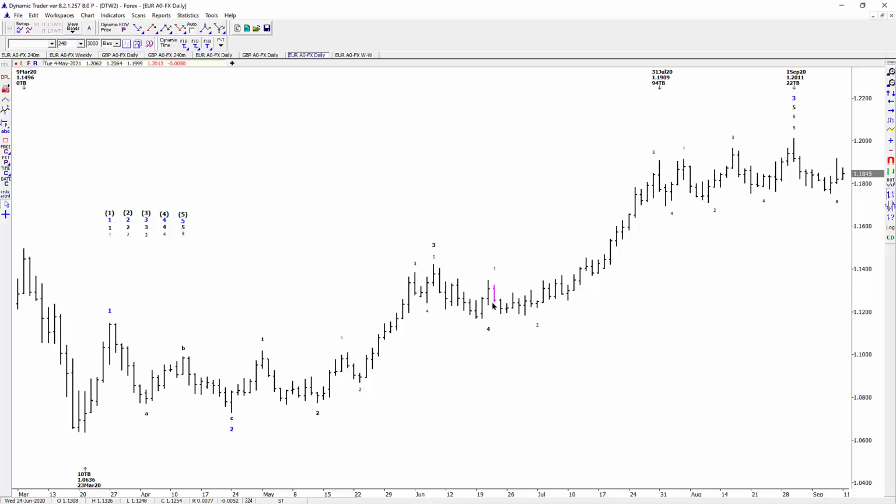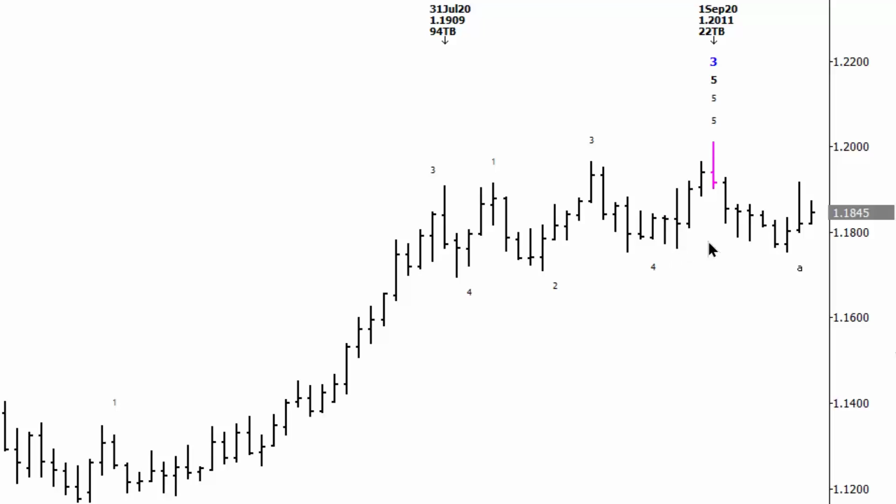The wave 5 itself was subdividing nicely into 1, 2, 3, 4, and then we got into 5 of 5 of 5 of 3, actually 4 degrees here, where the wave 5 of 5 of 5 of 3 subdivided nicely into 5 waves as well.